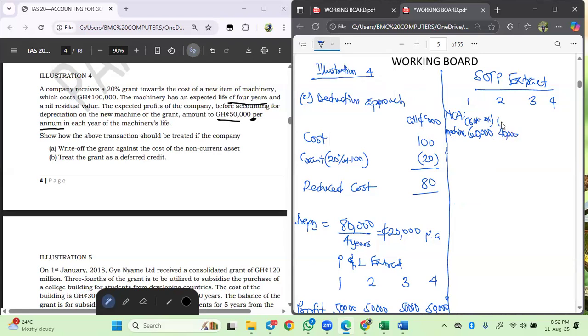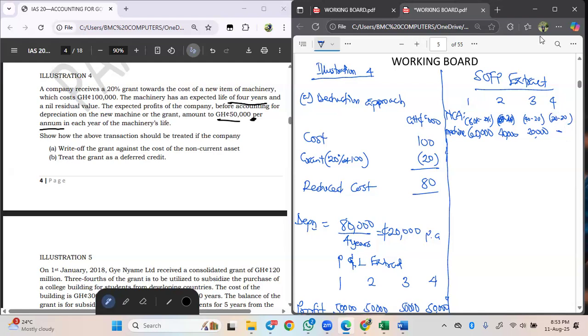You can do it as 80 minus 40, or 60 minus 20. In year 3 it will be 20,000, as 40 minus 20. In year 4 it will be 20 minus 20, which is nil.